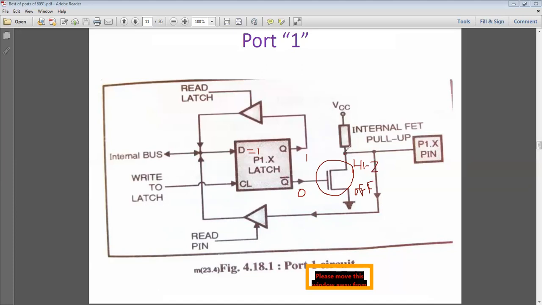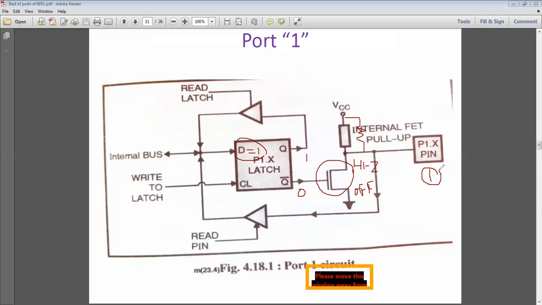The moment we get high impedance here, we need an internal FET pull-up resistor which is connected here. That resistor will take VCC to the output, making this port pin at logic 1. So we see that the microcontroller has latched the bit equal to 1 at the D input, and the corresponding output is available at the port pin.